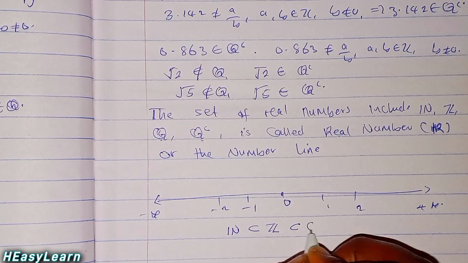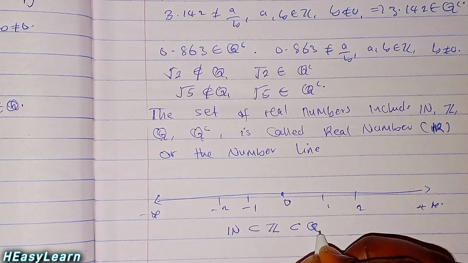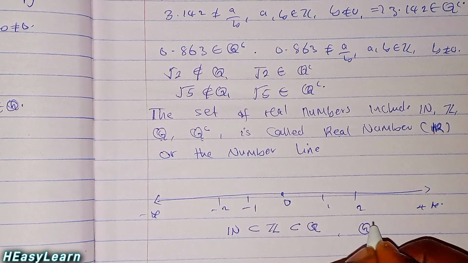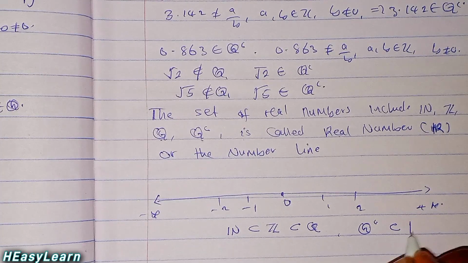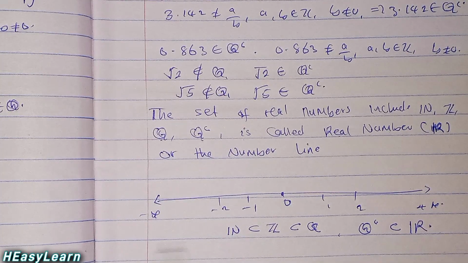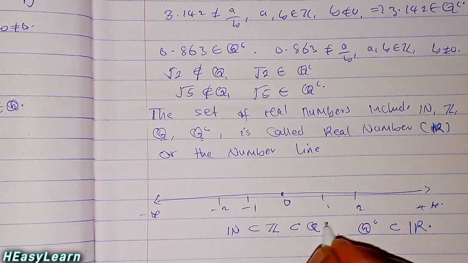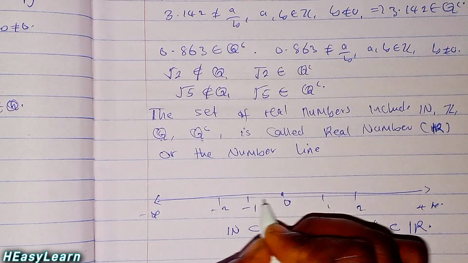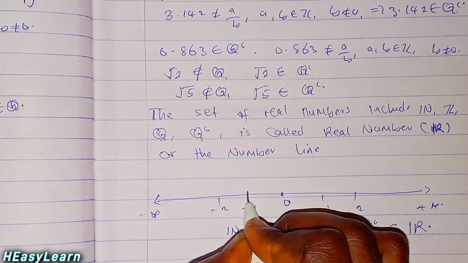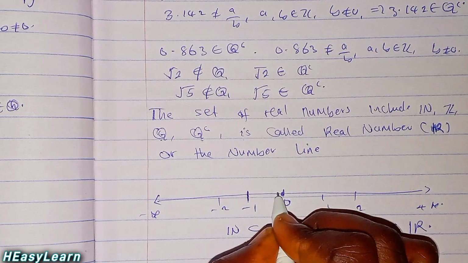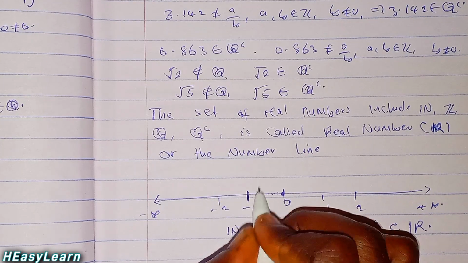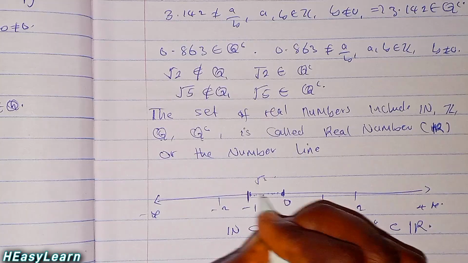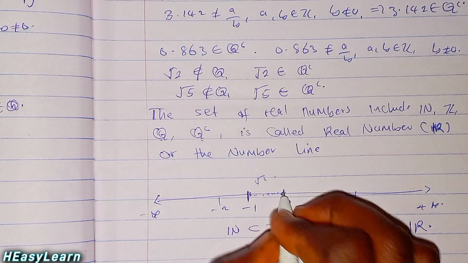Set of integers is inside set of rational numbers, and irrational numbers are inside set of real numbers. For any point between -1 to 0, there are lots of fractions, square roots, set of irrational numbers in between.